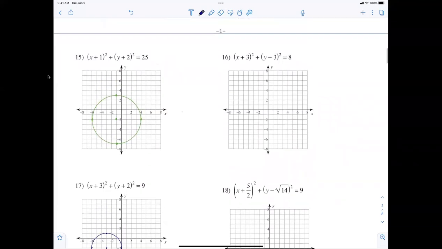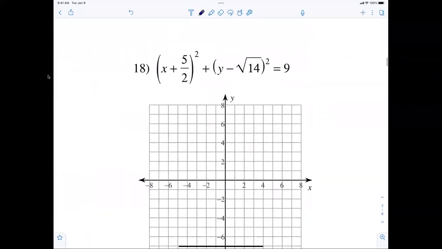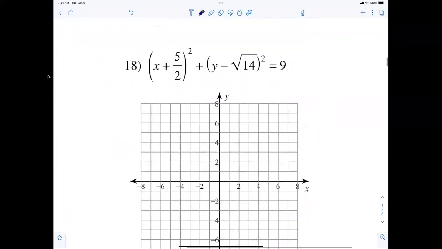Now, let's just say they give us something obnoxious like 18. So here, again, don't make a big issue of it. The center is going to be what? -5. Yeah, but in this case, we might as well just say -2.5. And then we can type it in our calculator if you don't know the square root of 14, which is like 3.741.